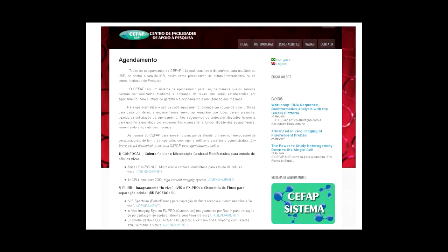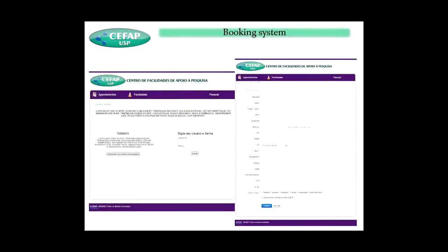So you can log in, I'm going to show you. In the booking system, you have all the details of each equipment, the cost of the equipment, and how you have to pay for them, as he asked before. So you have to log in and fill out a form. This is very important for us to identify the user, and then we prepare the report. We're going to need to know who you are attending at FAPESP.